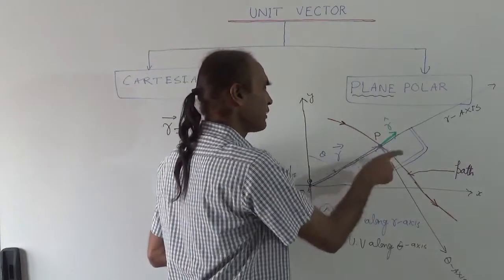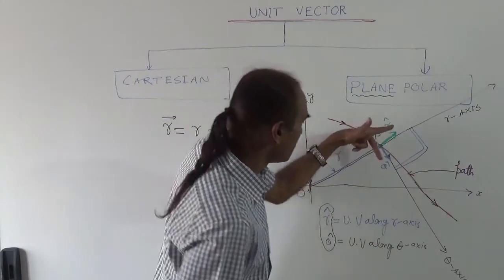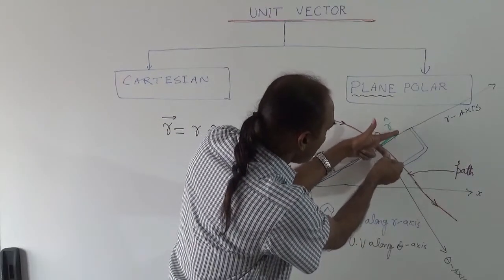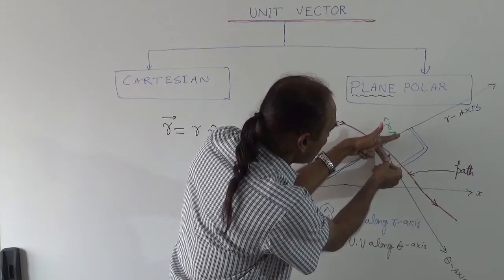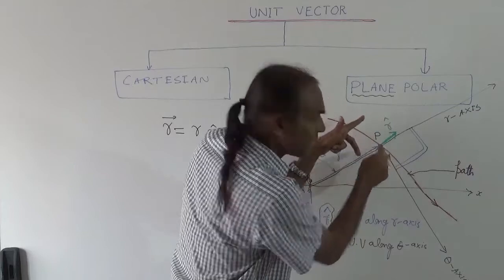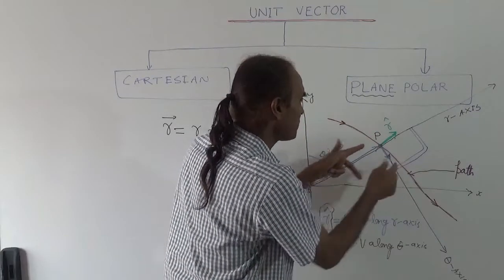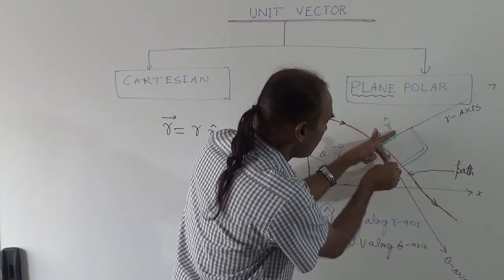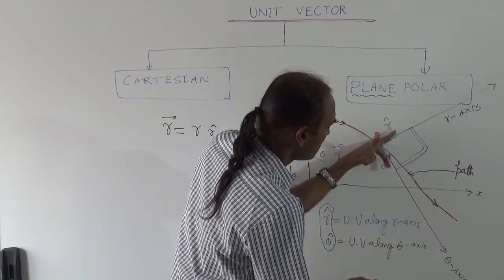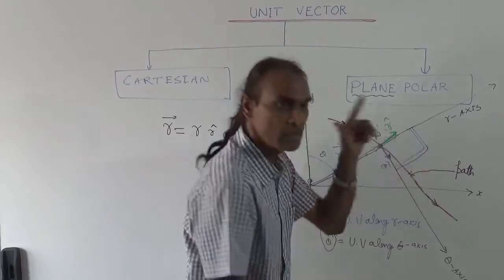When the particle moves, you can understand that these two mutually perpendicular axes, r cap and theta cap, cannot stay at a particular place. As the particle P moves, these two unit vectors must move.